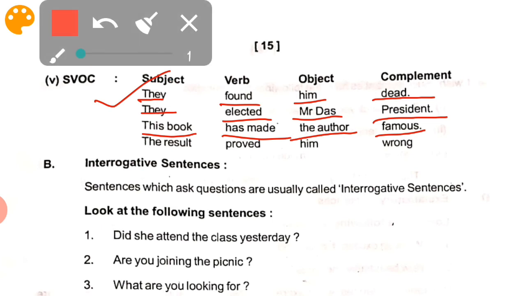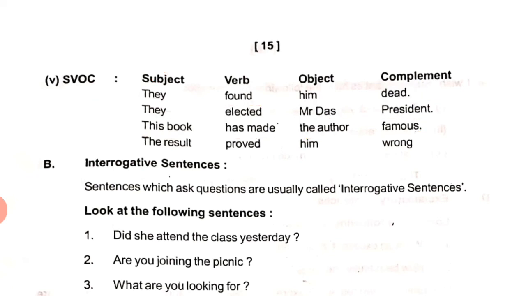If we omit dead, no one can understand the meaning of the sentence. They found him what? But in the SVOO pattern, the sentence does not remain incomplete. In the SVOC pattern, if we omit the complement, the sentence remains incomplete.